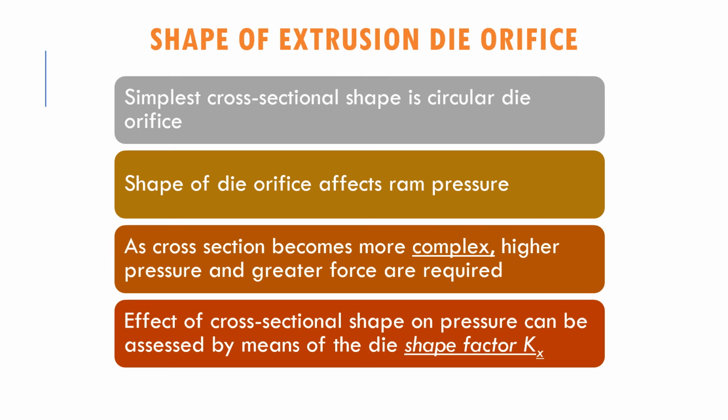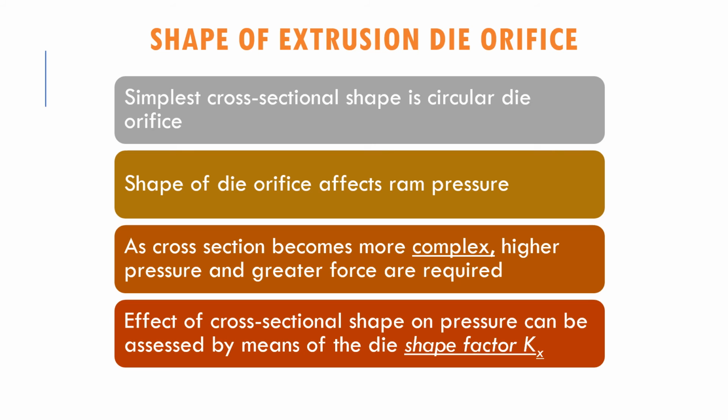For the shape of the extrusion die orifice, the simplest cross-section will be a circular die orifice, and the shape of the die orifice will affect the ram pressure. Of course, the more complicated the die orifice, the more ram pressure will be involved.